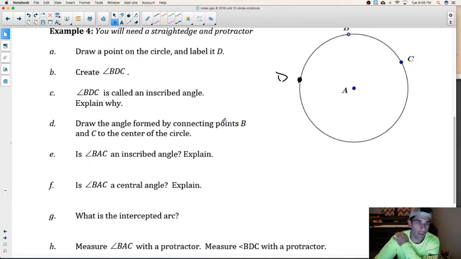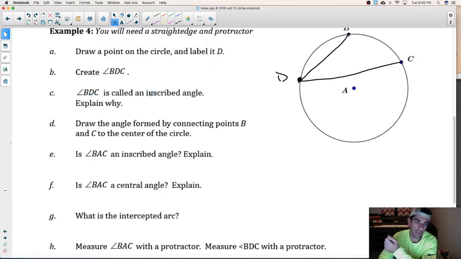Now create angle BDC. So put your pen on B, then wherever you put a point D, trace it and hit D, and then trace it and hit C. Whether you put it there, maybe you put it over here, or maybe right over here, no matter what, we're all going to have the same answer.